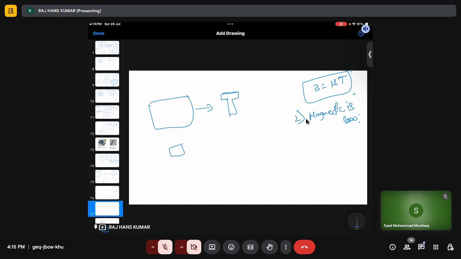So there is this problem. Again, the magnetotactic bacteria solve this problem by making the nanoparticles in the nano range, right? So what happens when a particle becomes a nanoparticle? There is this term called superparamagnetism.